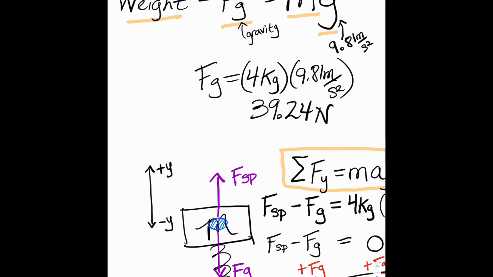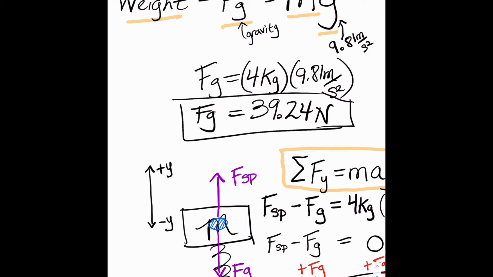Units are newtons, named after Sir Isaac Newton. And this, once again, F_g is the same as weight. Now your weight or this object's weight can change on a different planet, because baby g for a different planet is different.